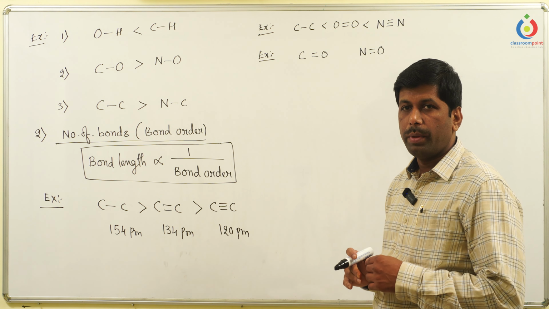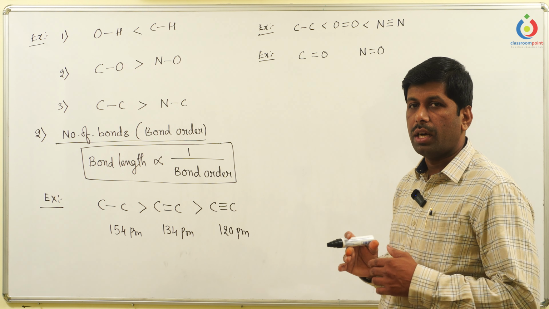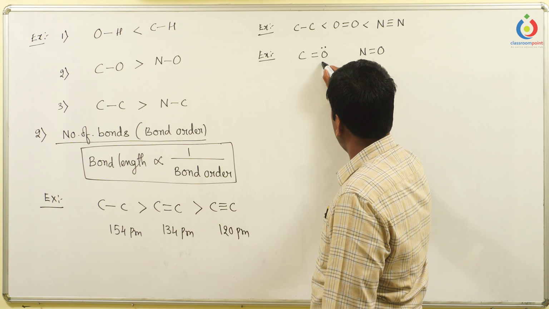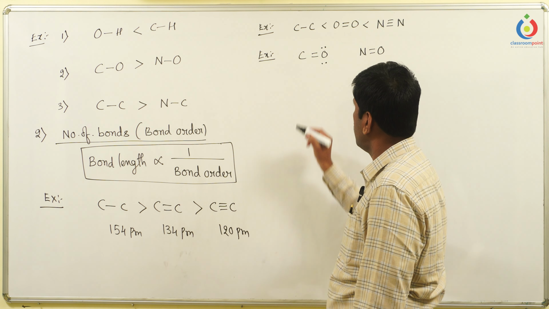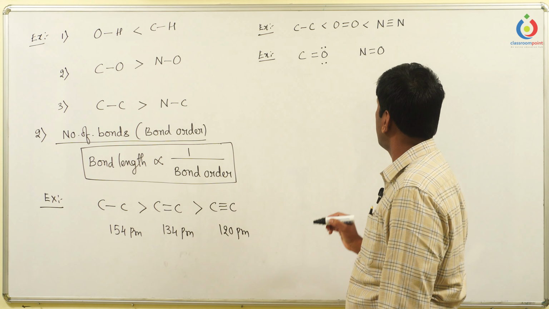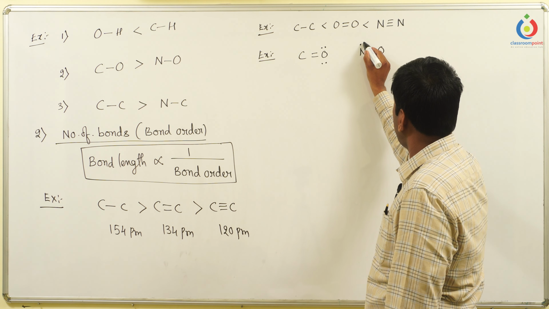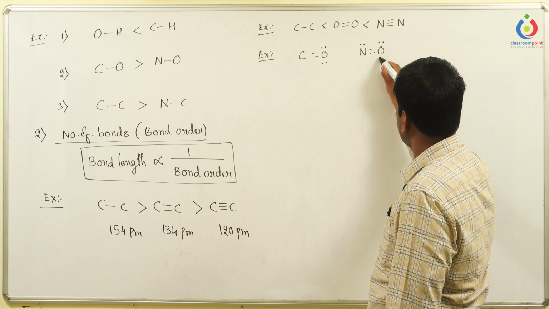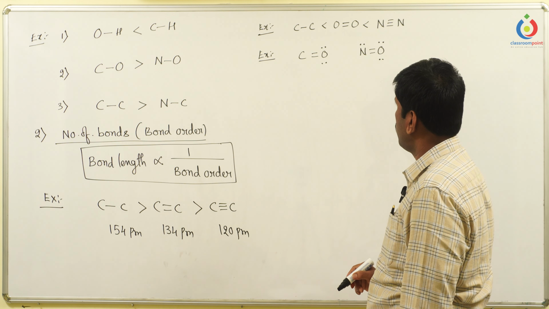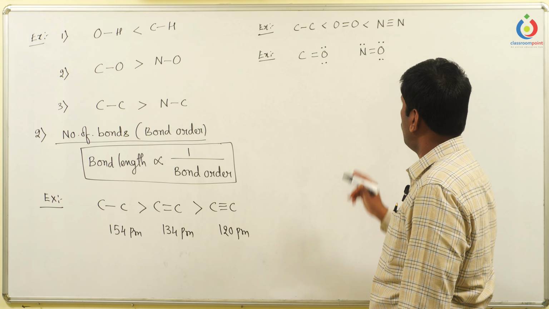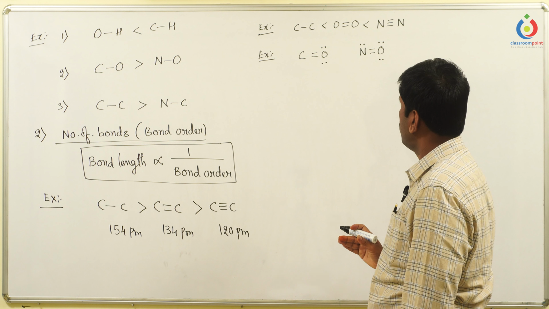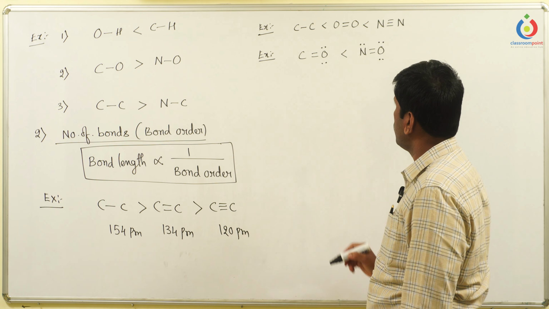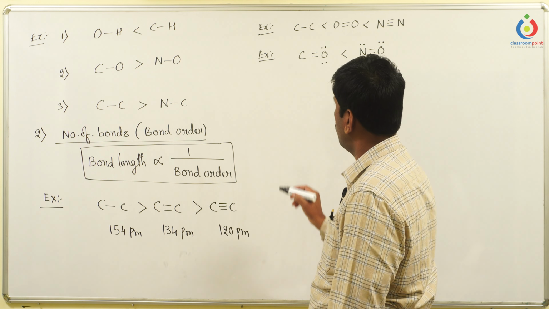If more lone pairs of electrons are present, automatically they start repelling each other. So in this case, two lone pairs of electrons are present on the oxygen atom and the carbon doesn't have any lone pair of electrons. But here, nitrogen has a lone pair of electrons and oxygen has two lone pairs, so this feels more repulsion between both of these atoms compared to this one, so the bond length in N=O is more than C=O.